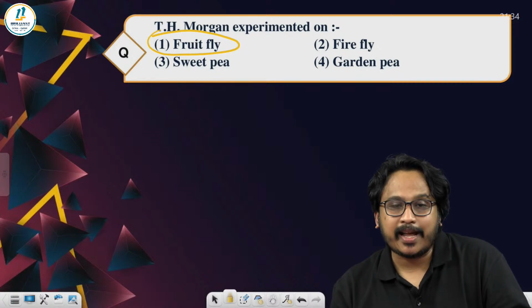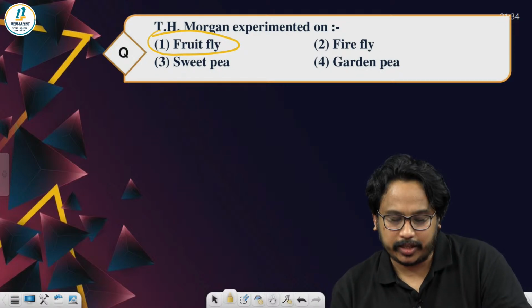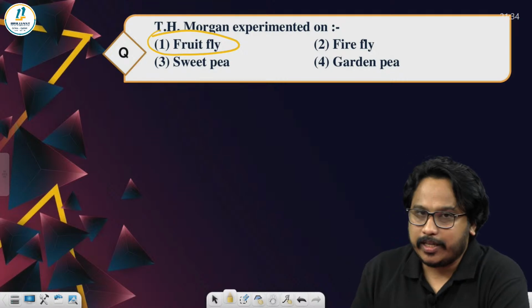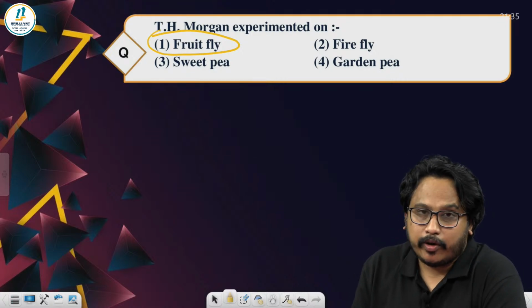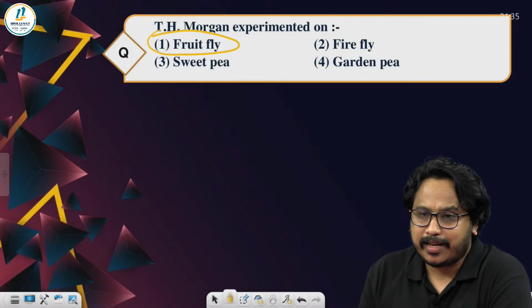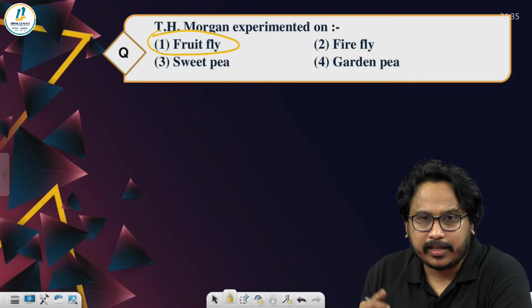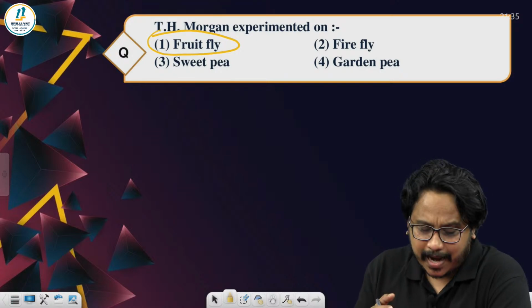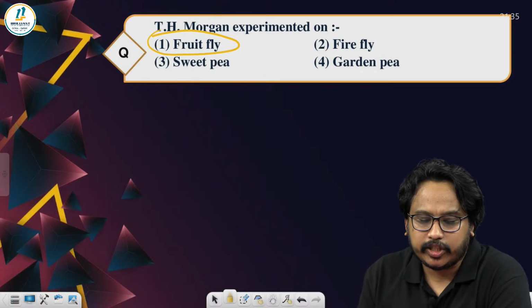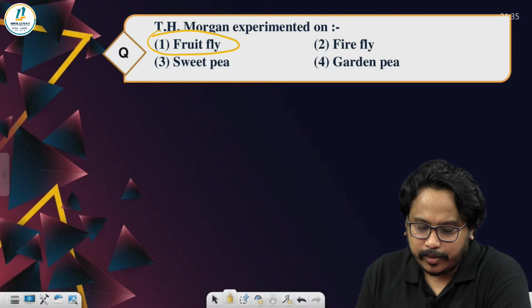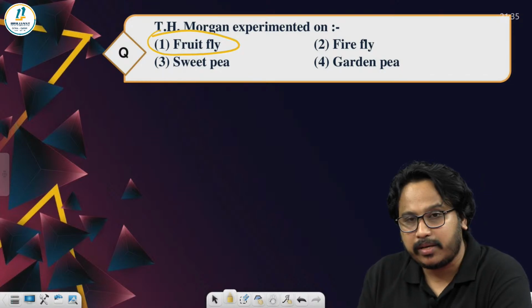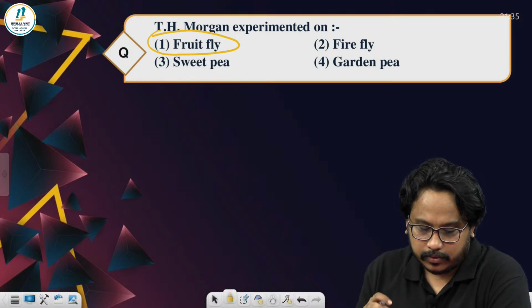A single mating can produce a large number of progeny in fruit fly. Not only that, it was actually growing on simple synthetic media. In ripened banana and all, we can easily multiply them in the laboratory, and the male and female were easily distinguishable. So these are the reasons why Morgan was actually experimenting on fruit fly.